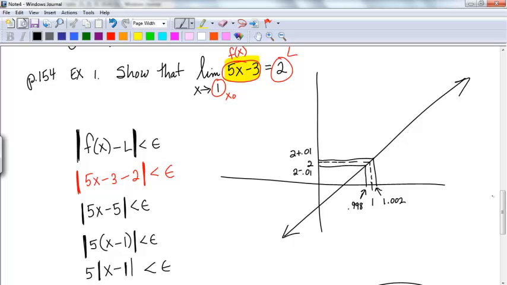And then graph the 2 plus 0.01 in y sub 2, and the 2 minus 0.01 in y sub 3. Now it's going to be so small that you're not going to be able to see it.